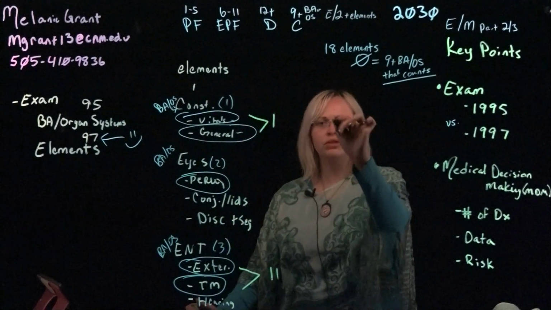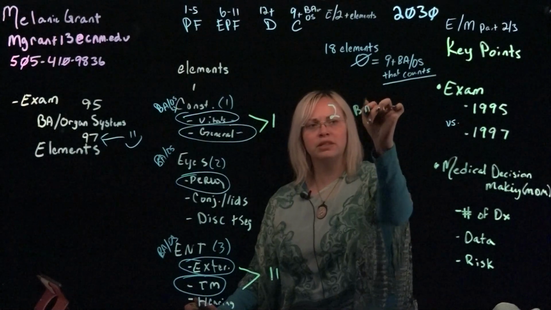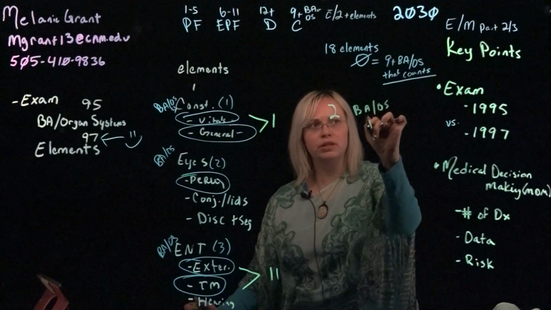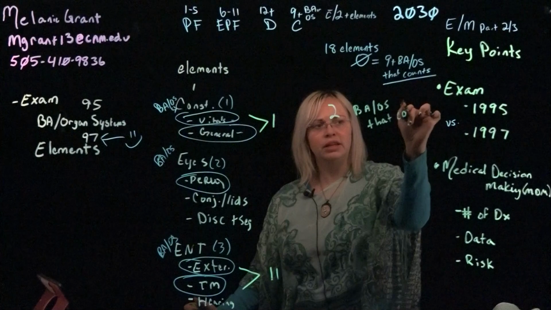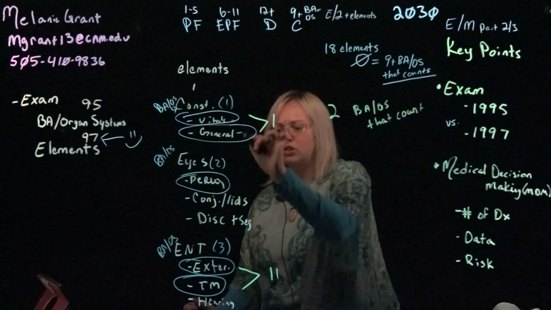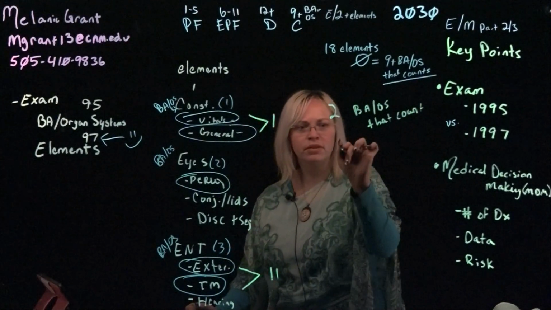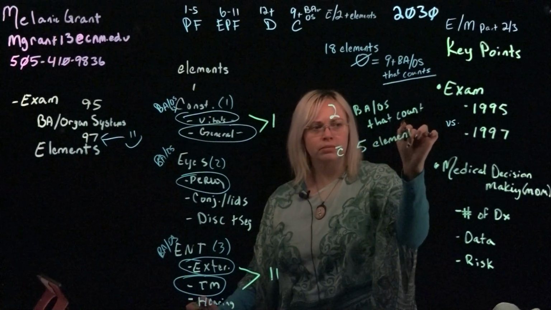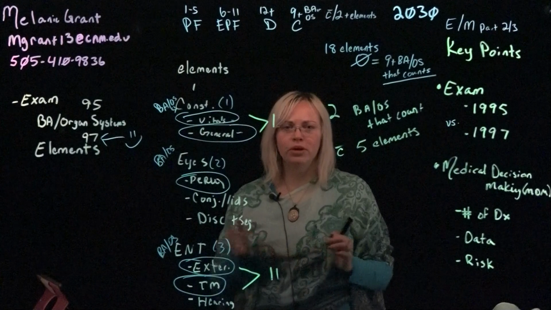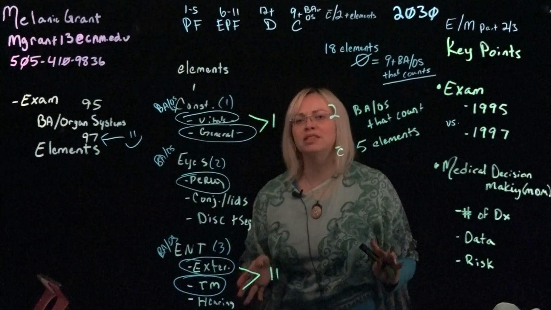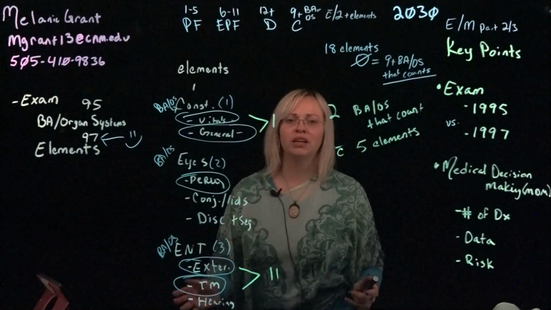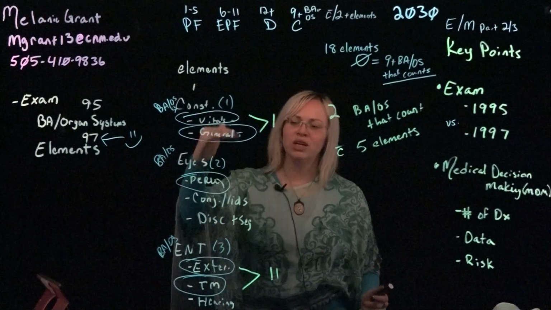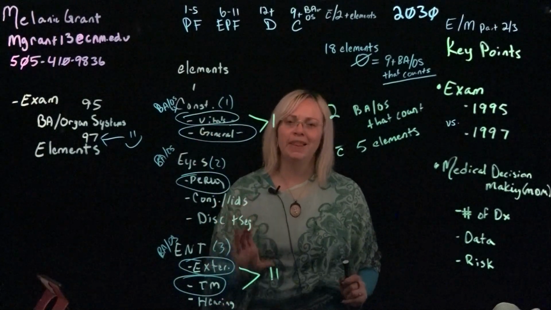So I have 2 body areas and organ systems that count, even though I have 1, 2, 3, 4, 5 elements. Okay? So it's really important to remember that the amount of elements does not equate to the amount of body areas and organ systems. You have to identify those into each area and then count them.